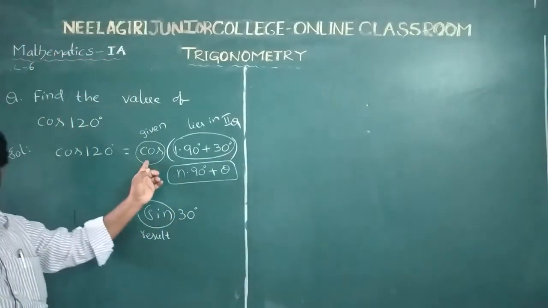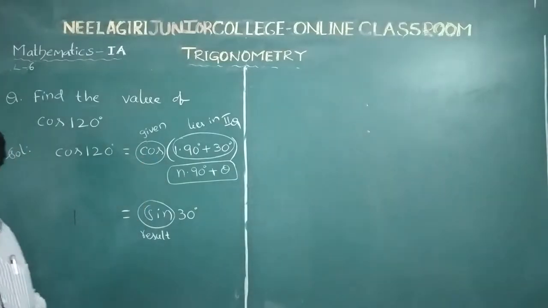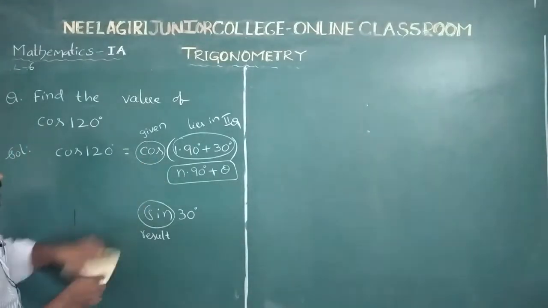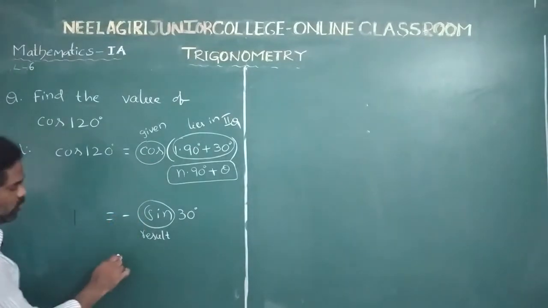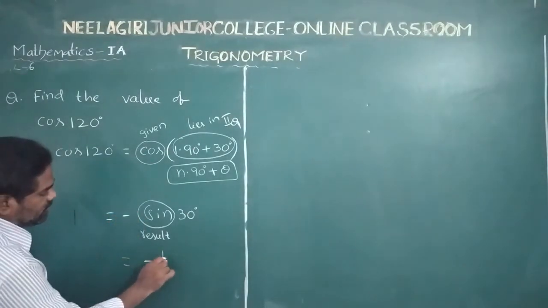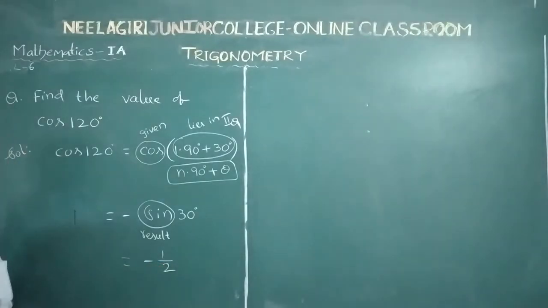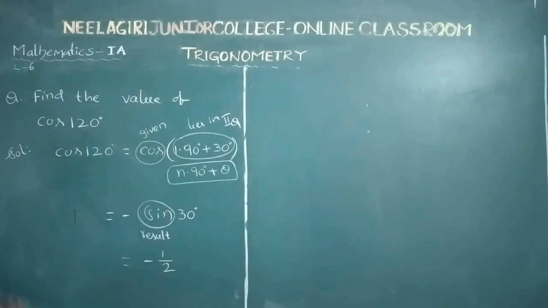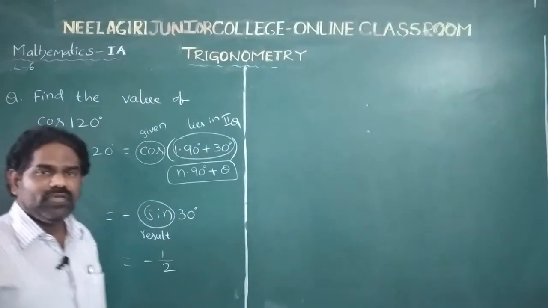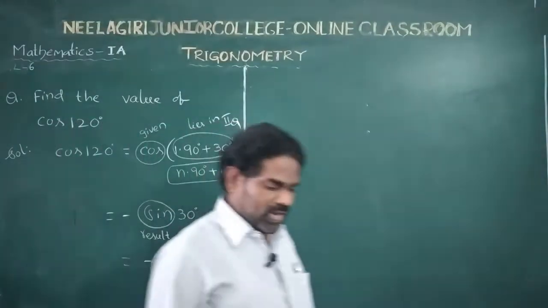In the second quadrant, the cos function is negative. That's why the sin function here is also negative. You know the value of sin 30 is 1 by 2, so this is minus 1 by 2. What is the value of cos 120 degrees? Minus 1 by 2.